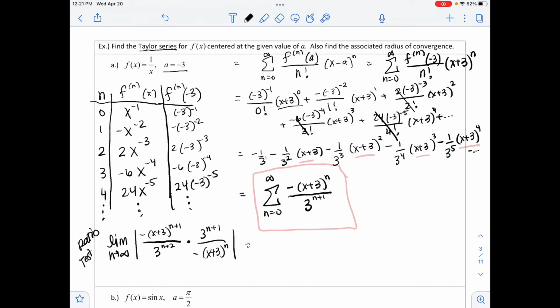And so if you notice here, we do end up with an extra 3 in the denominator. And then likewise, we end up with an extra x plus 3 in the numerator.